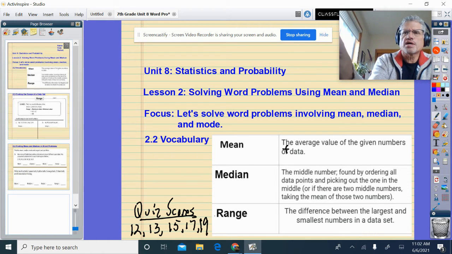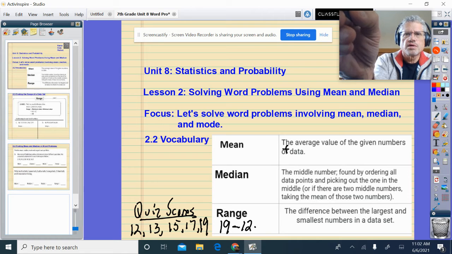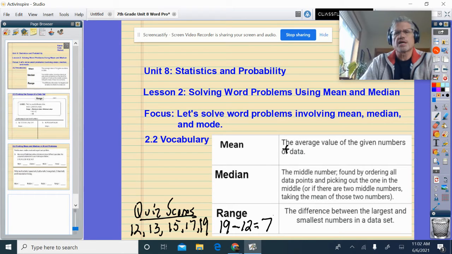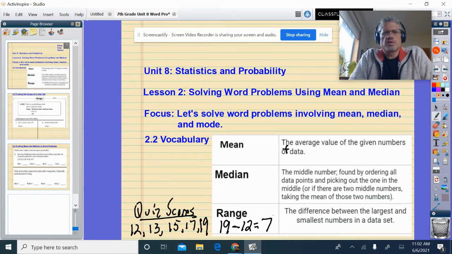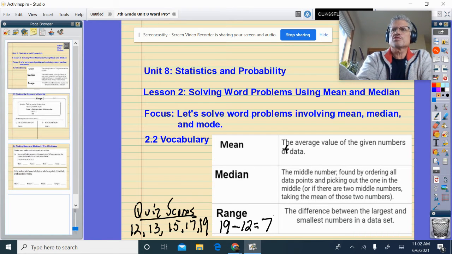To figure the range, you take the largest data point, 19, and subtract the lowest score. So these data points have a range of 7 points between the highest score on the quiz and the lowest score. That's what we're talking about with range, the difference between the largest and the smallest numbers in the data set.